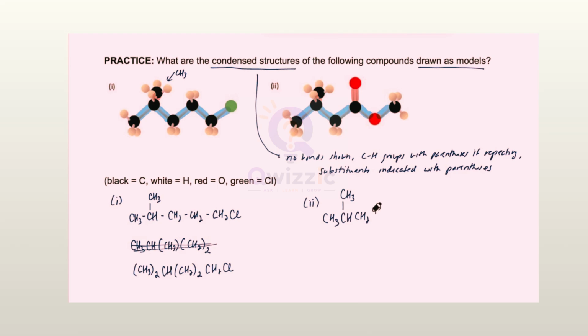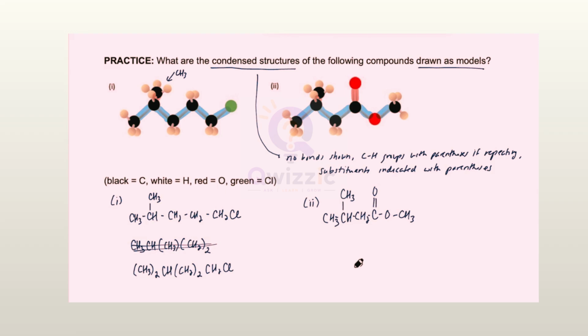So I draw C, and then I'll put a double bond going up to the oxygen. This isn't an official structure, so I can put little bonds in between each of those main chain groups. And then linked to the carbonyl carbon, I have an oxygen. And linked to that, I have a methyl group, CH3. So now let's put this all in one line in a condensed structure format.